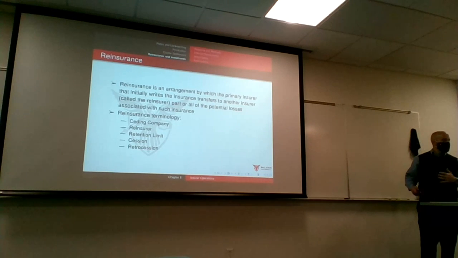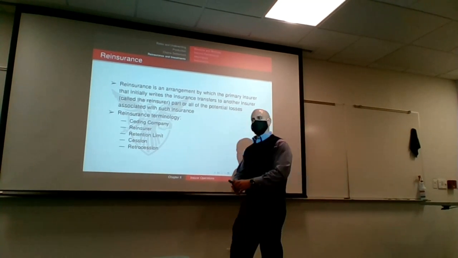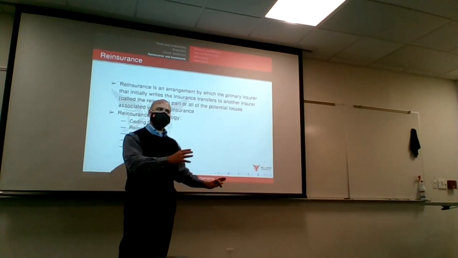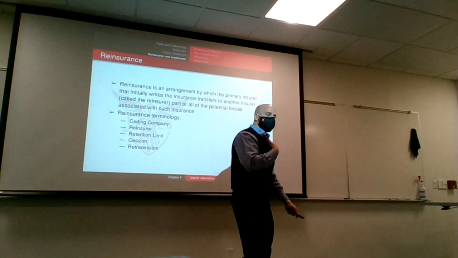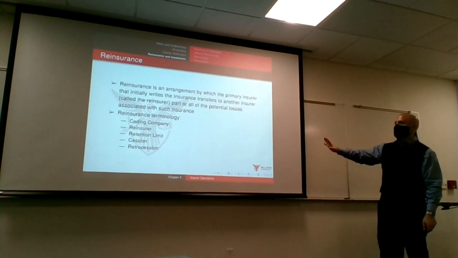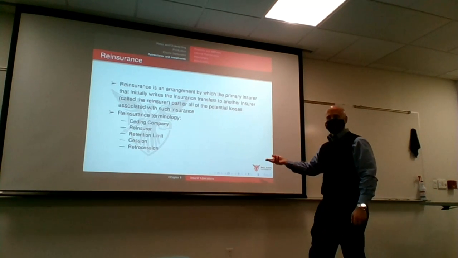All right, so what we've done now is we've covered what I will call the front line of an insurance company. Creating the product, getting the product out, upholding our end of the bargain, paying those claims we're supposed to pay, providing any kind of ancillary services, assistance to the insured. We've done all that.